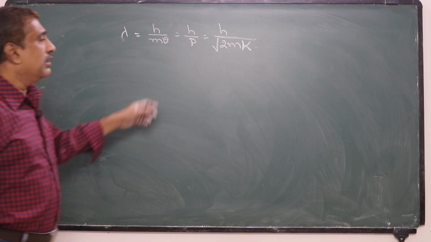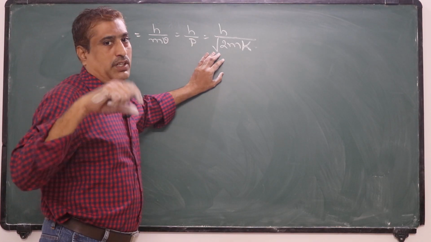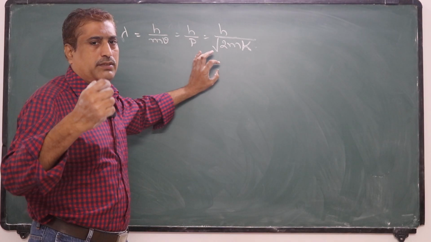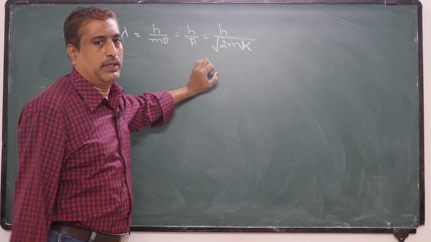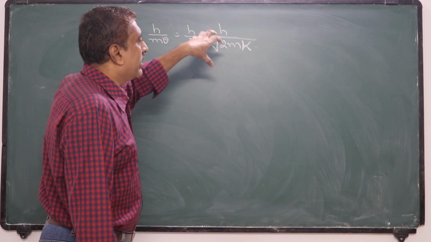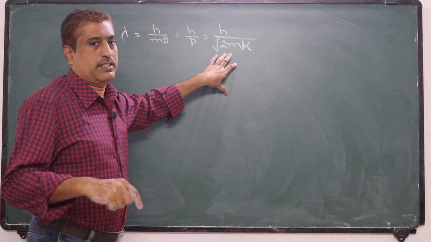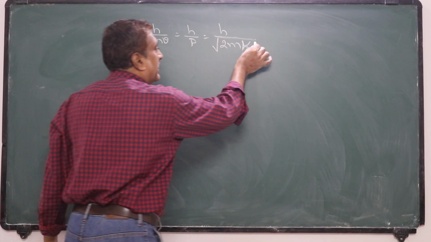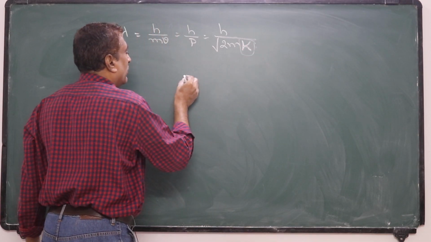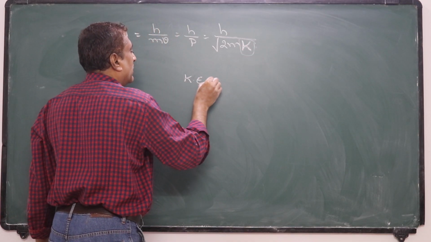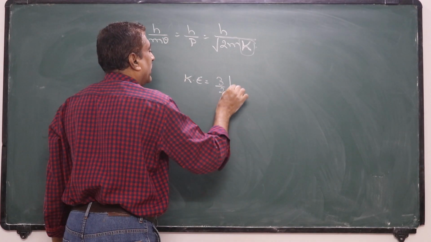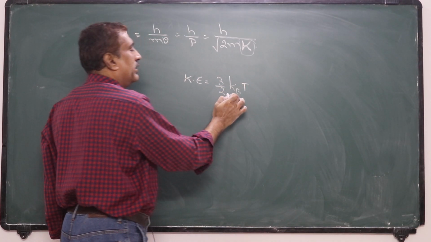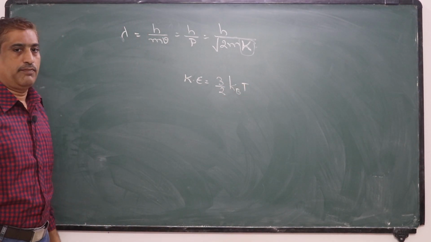Now, if we consider gas molecules, which are also microscopic particles, we can replace this kinetic energy. We know that the kinetic energy of a gaseous molecule is 3 by 2 kB T, where kB is the Boltzmann constant.